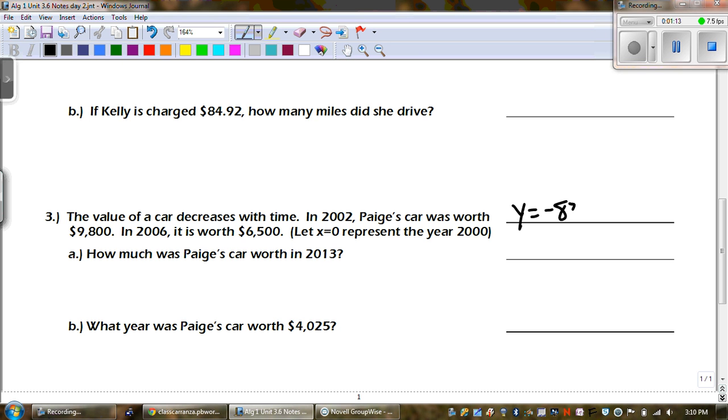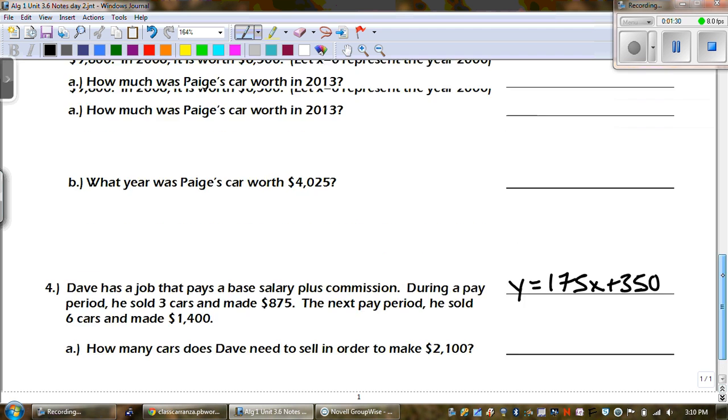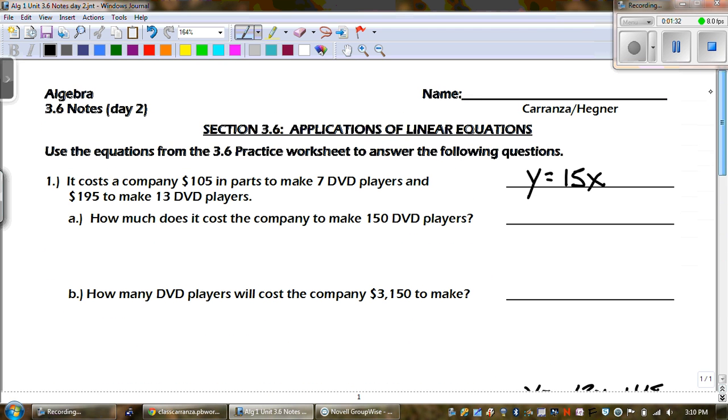Then y equals negative 825x plus 11,450, and y equals 175x plus 350.